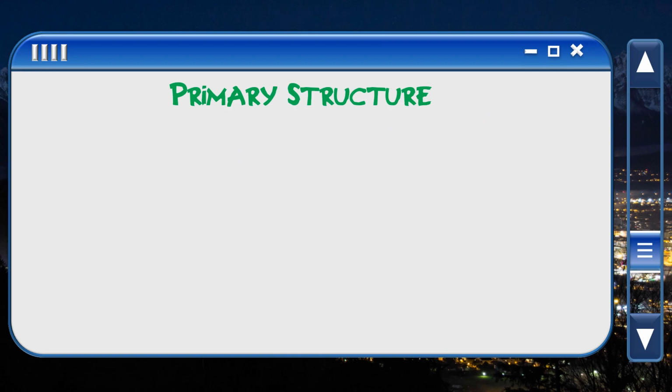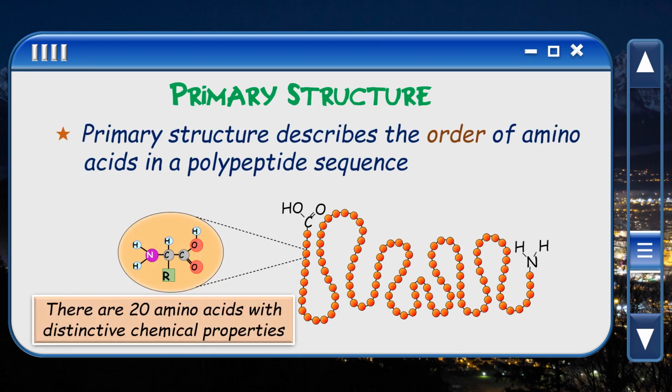Now let's look at the primary structure. The primary structure describes the order of amino acids in a polypeptide sequence. If you look at this structure, this is our polypeptide, and the small circles that you are seeing are amino acids.